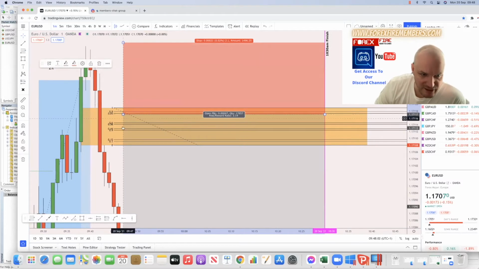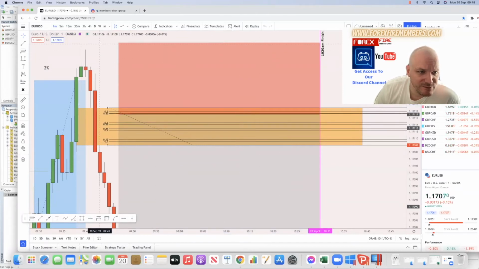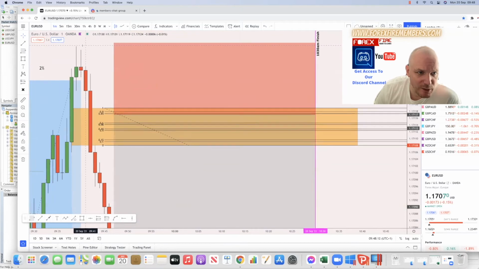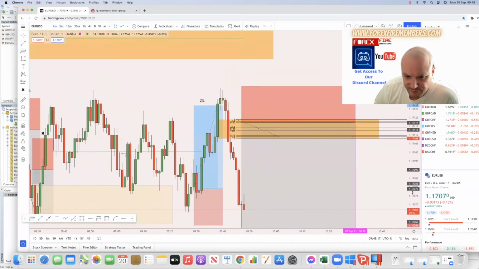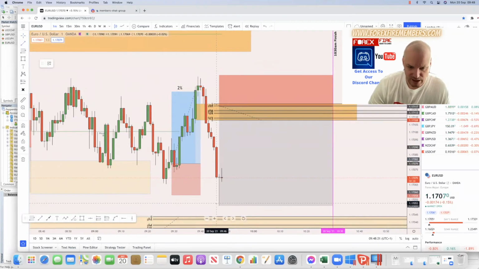We'll have the imbalance there, so it's going to be just above the area of the stronger magnets, or the stronger zones, I should say. From there, just above the liquidity of that candle. Okay. Again, structure wise, TP is the area down here.